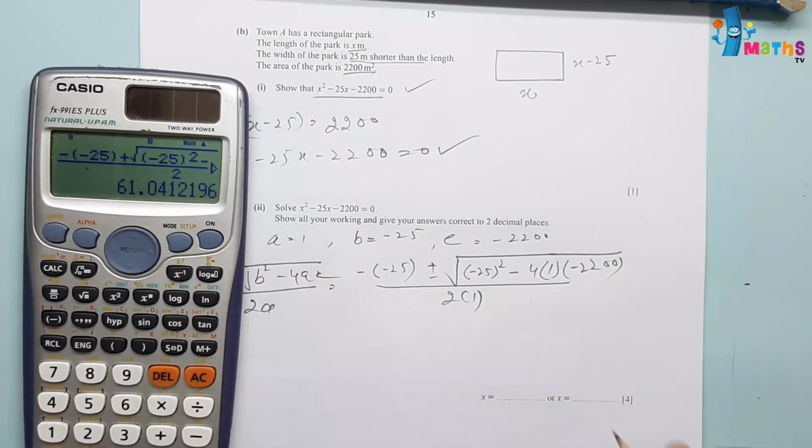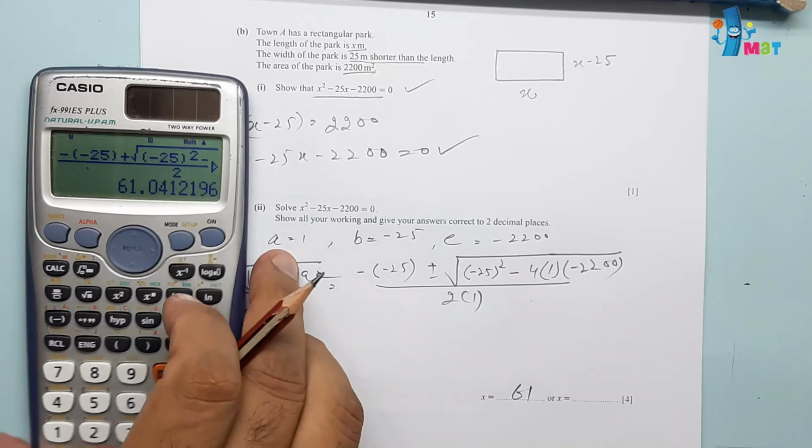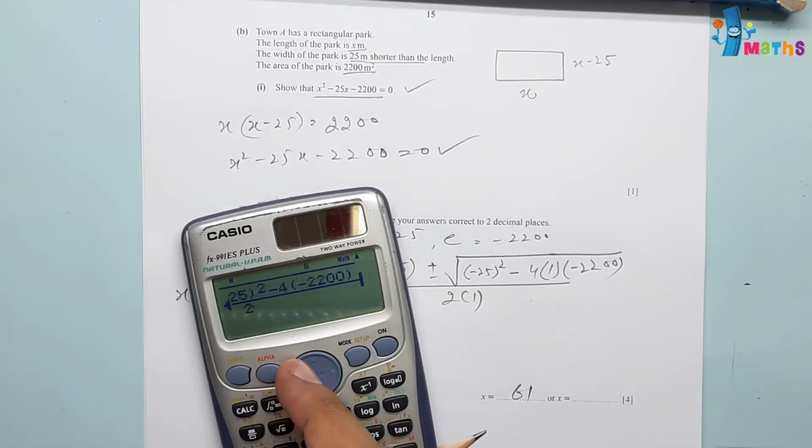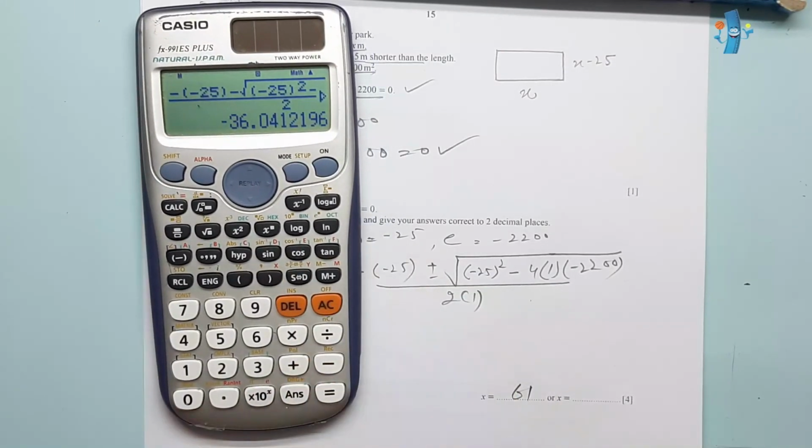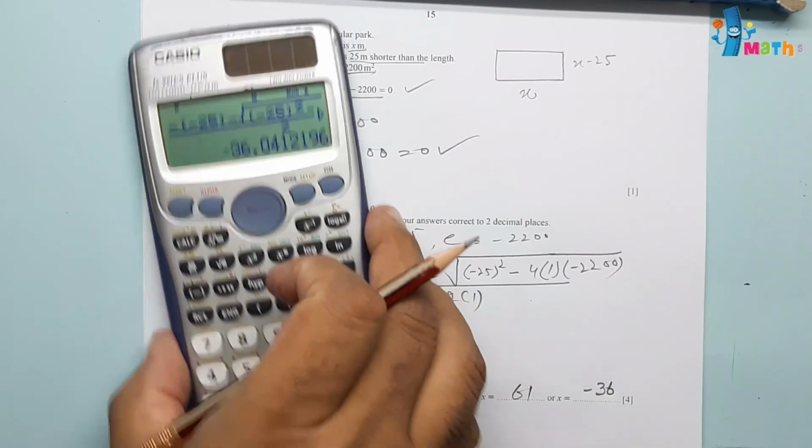So for the plus value it is 61, and if we change to the minus value, we can change this plus to minus, and the value will be minus 36. So minus 36, these will be the answers.